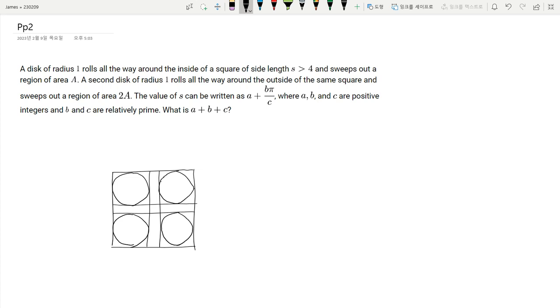when this disk moves sideways or up and down, it cannot fill this region. This region cannot be swept by the disk.